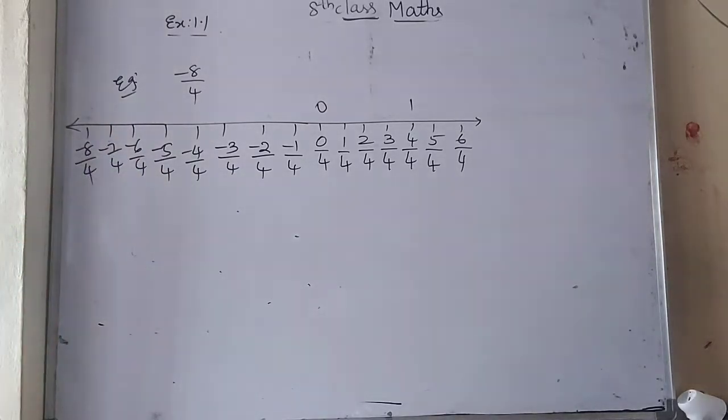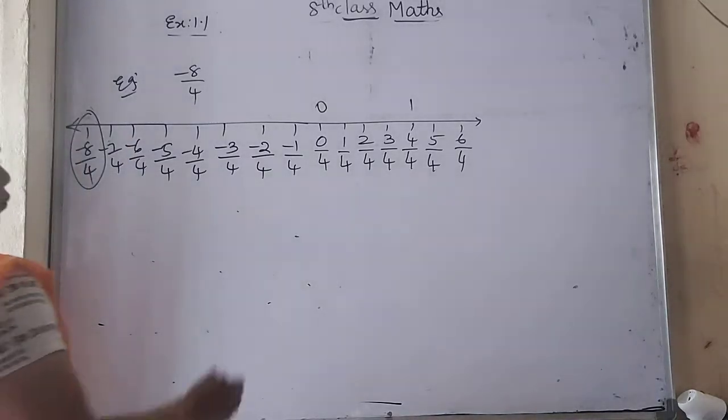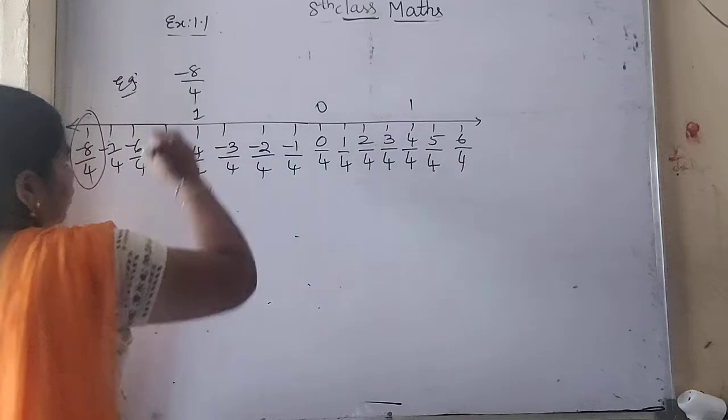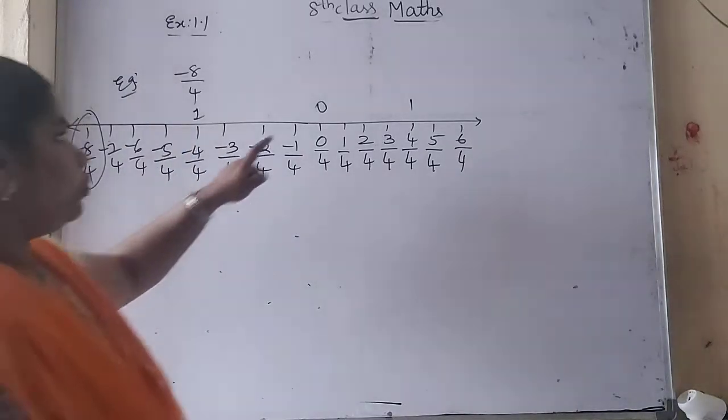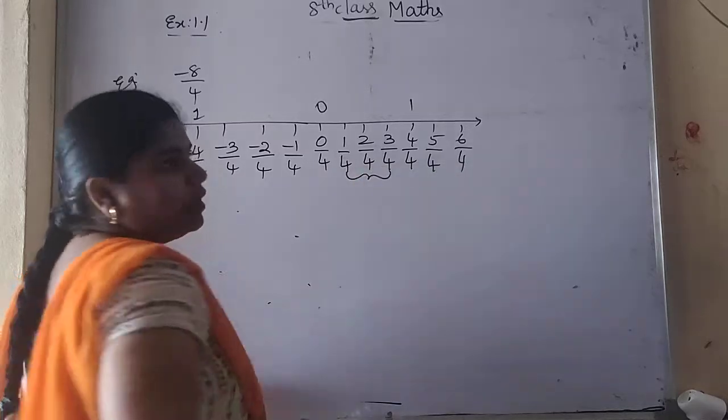So where you are seeing 8 by 4? Here in this case, this is how you will represent. So if you take this minus 4 by 4, that will be equal to minus 1. So between any two integers, how many numbers are there here? Total 3 numbers are there.